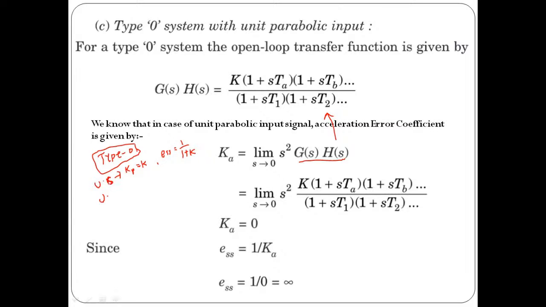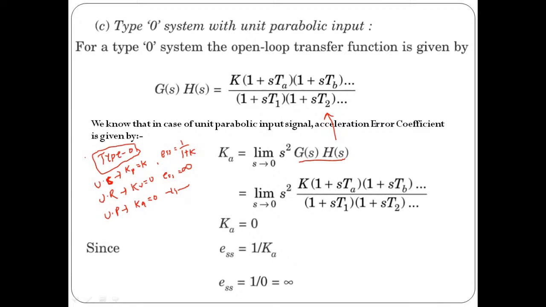But if you take unit ramp, the value of Kv is going to be 0, and steady state error is going to be infinite. And if you take unit parabolic, the value of Ka is going to be 0 and steady state error is going to be infinite.